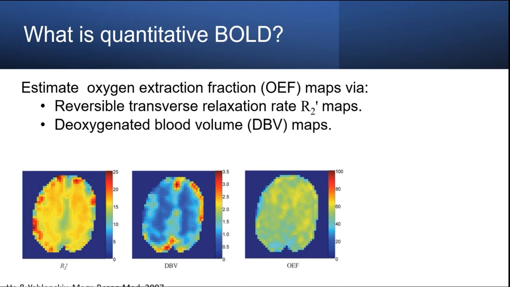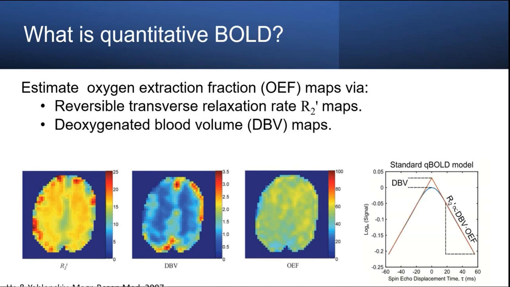In terms of the practical side of trying to do a quantitative BOLD measurement, what I'm considering here is what the signal looks like. So if we can measure an R2 prime weighted signal, that will be the blue line here, and this is actually plotted logarithmically. I should explain what this is.